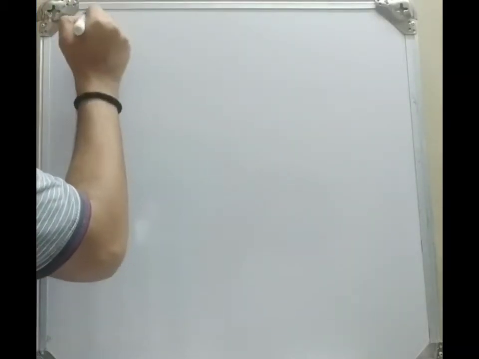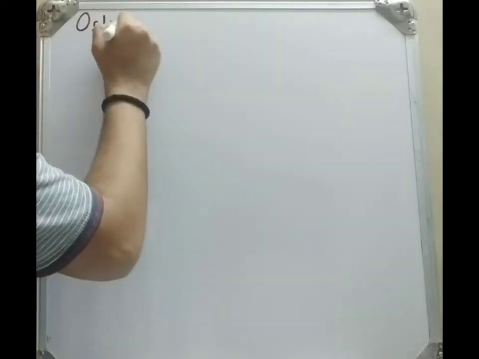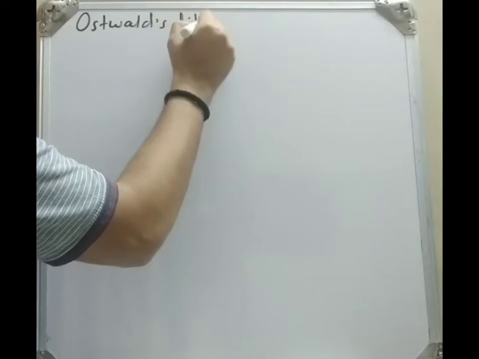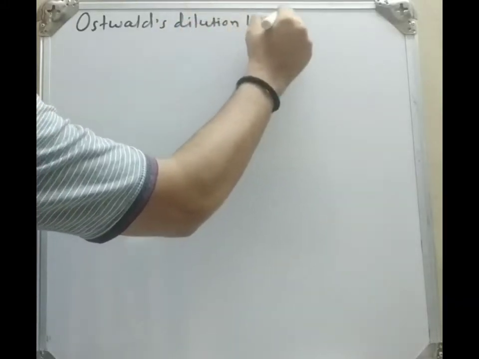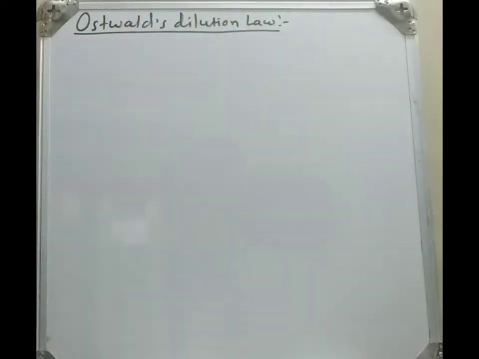First, Ostwald dilution law. What is this Ostwald dilution law? This law gives the relationship between dissociation constant and degree of dissociation for a weak electrolyte.